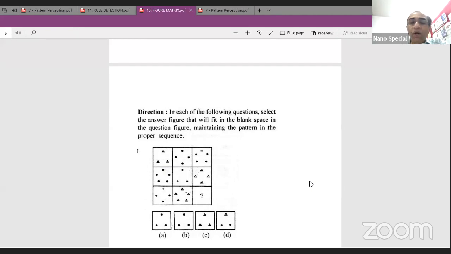Shape means what? Triangle, dot, or a plus symbol. So there are these three shapes and there is a number. In this particular case, there is triangle, there are dots, and there are pluses. How many? 3, 4, and 5.